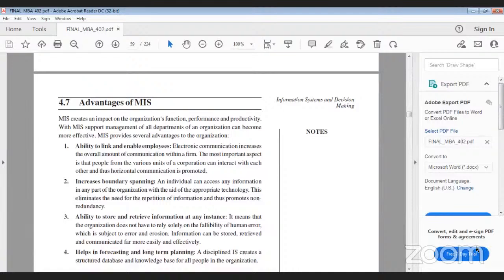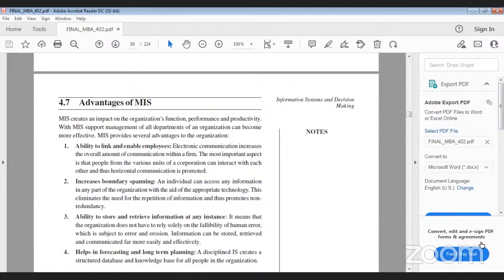An individual can access information in any part of the organization with the aid of the technology. This eliminates the need for repetition of information. This promotes independence. Next, the ability to store and modify information at any instance.